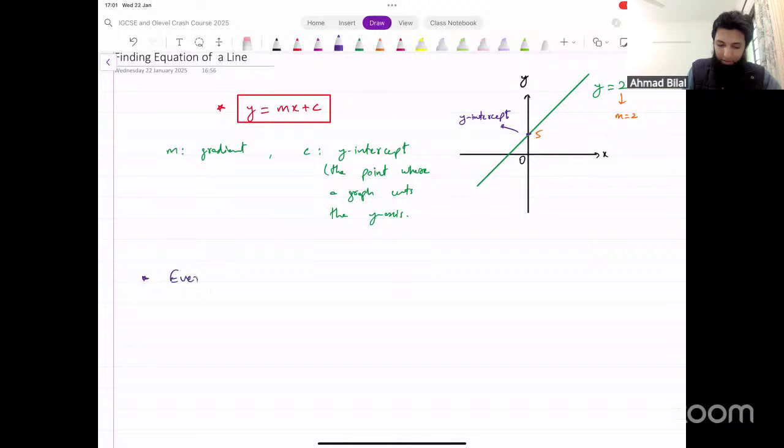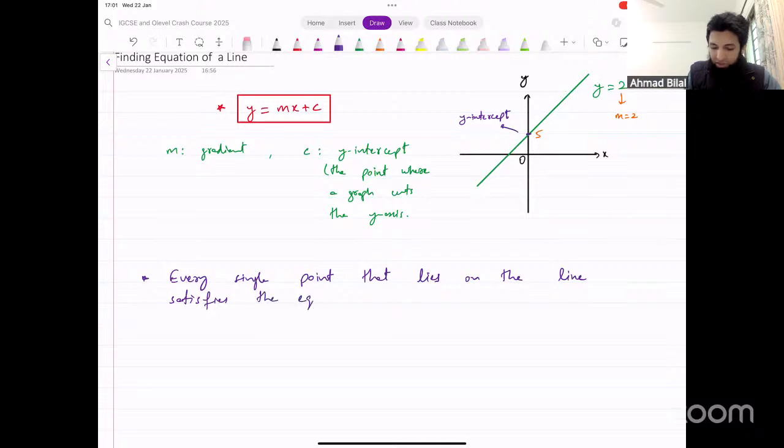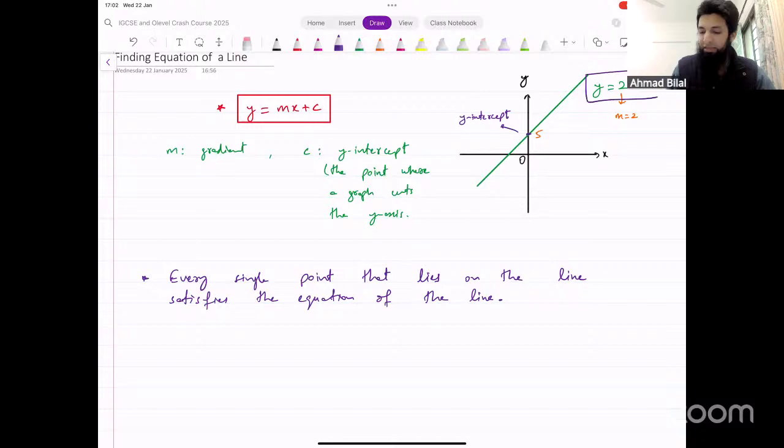Every single point that lies on the line satisfies the equation of the line. What does it mean to satisfy the equation of the line? It means when you input that point here, the left-hand side and the right-hand side, they will be equal to each other. Okay?